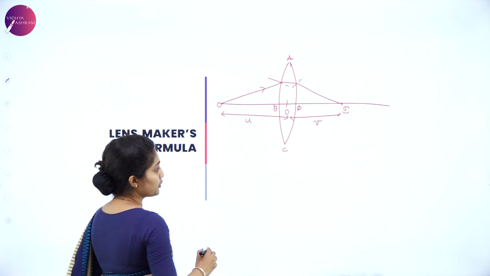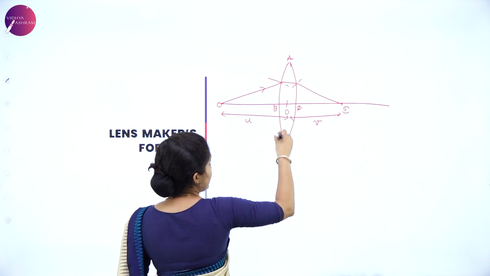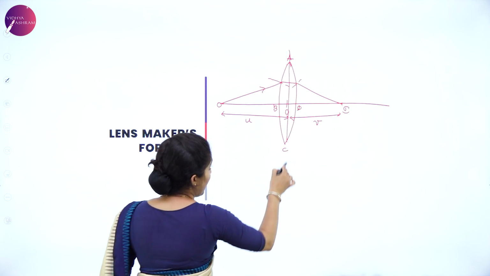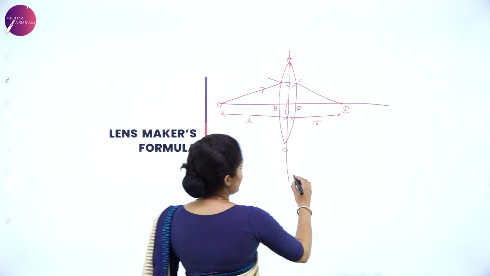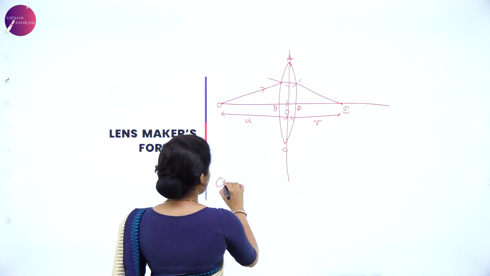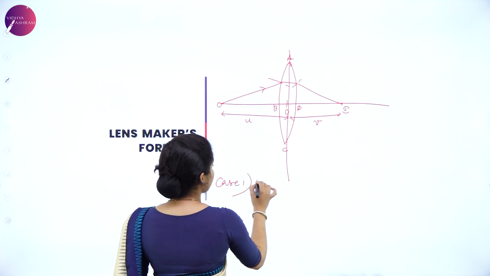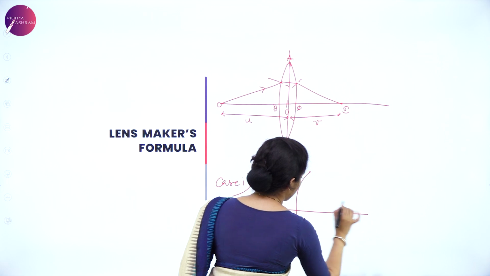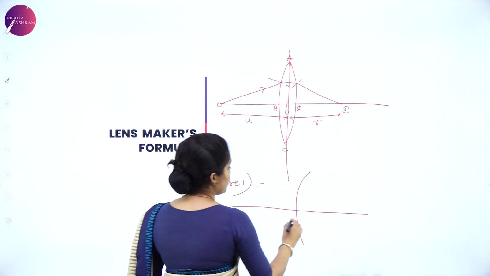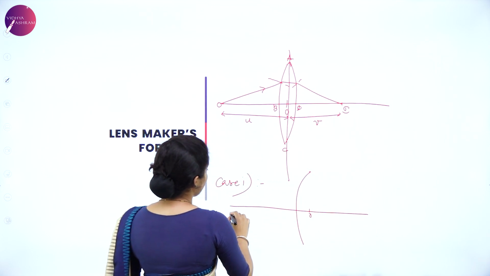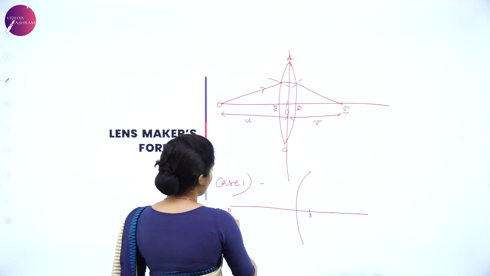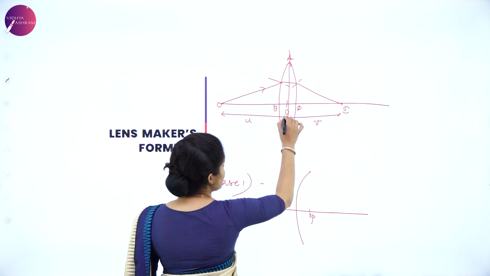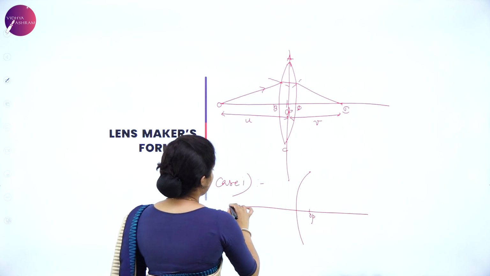Now what are we supposed to do? We have to break this into halves. Let us check case 1, one surface of image formation in the lens. We have the optic center here and the object is here, O. Let us call this OP.